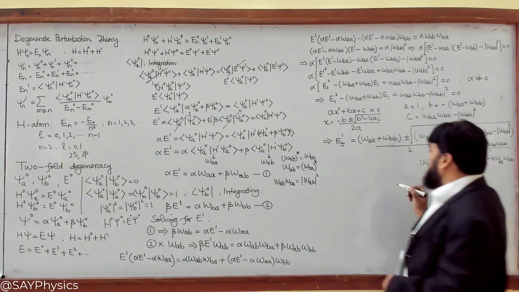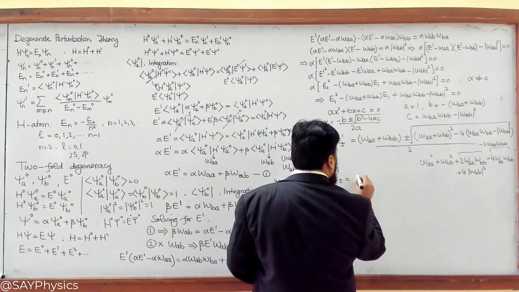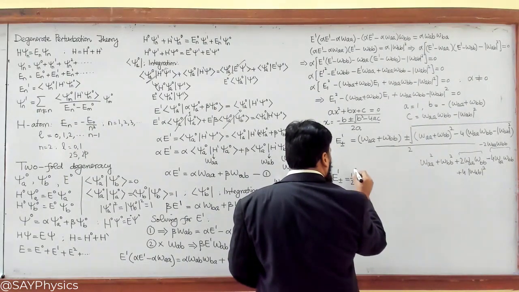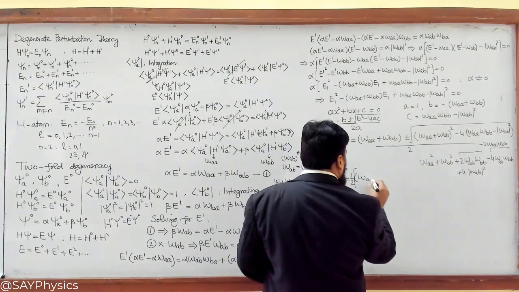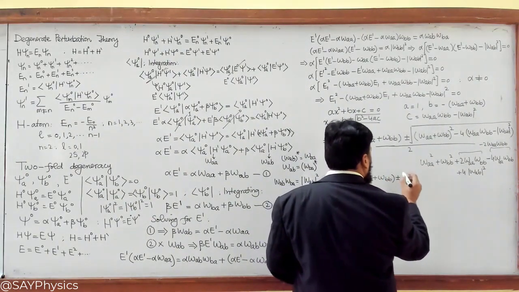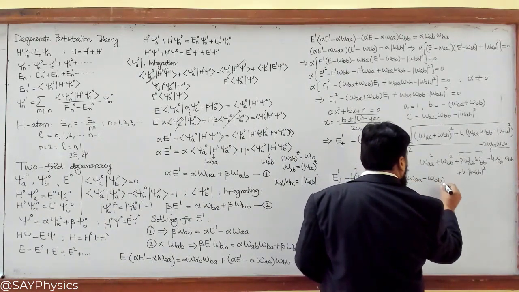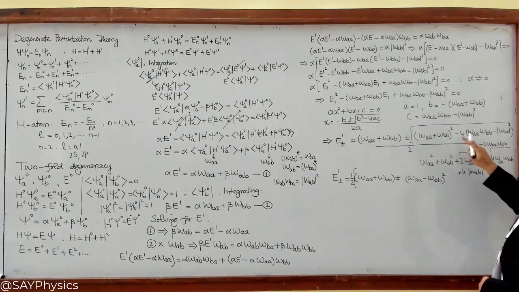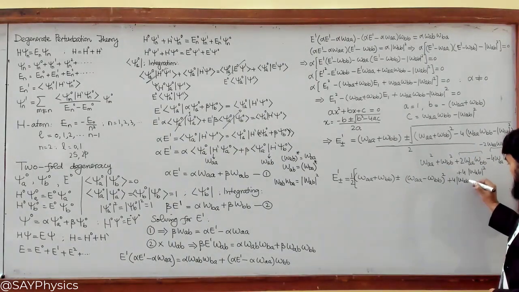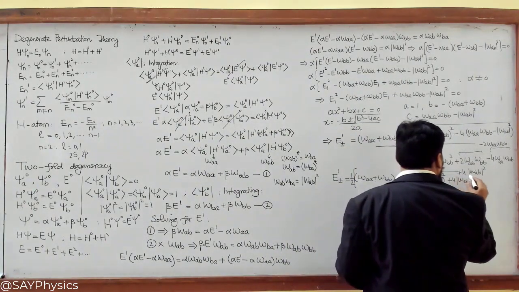it will become a minus b whole squared. So I can write that E1 plus minus is equal to one half, combined as a whole: WAA plus WBB, plus minus the square root of (WAA minus WBB) whole squared plus 4 |WAB| squared.